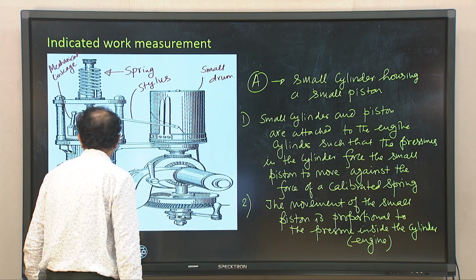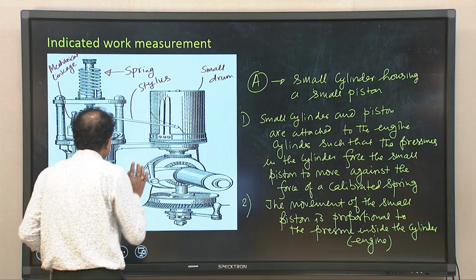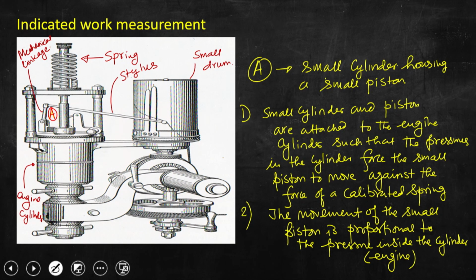Now, the second problem is, if you look at the schematic depiction carefully, you will find that this piston is somehow connected to a mechanical linkage that I have already labeled in the schematic.